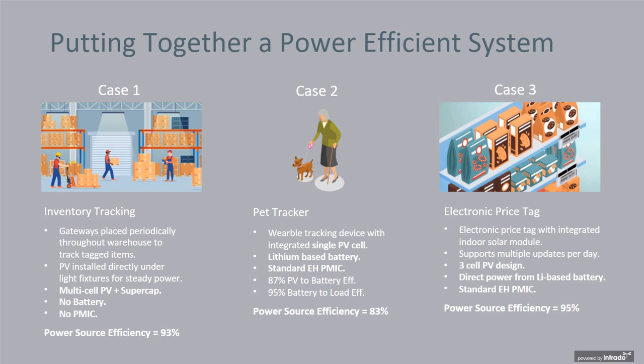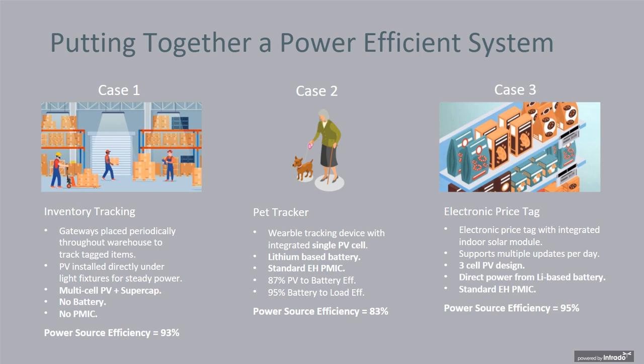As it's a gateway, it's a little bit higher power consumption, but you're able to offset that by installing the devices directly under lights to provide that higher power. Since we're installing directly under lights, the lighting is very regular. We can eliminate the battery since the lights are on 24/7 and the device only needs to work when the lights are on.